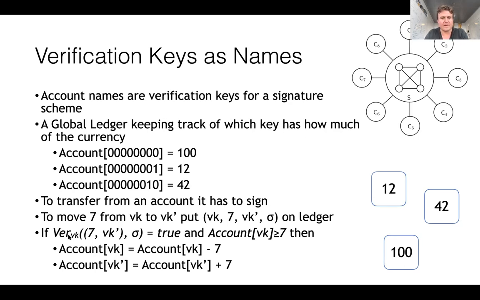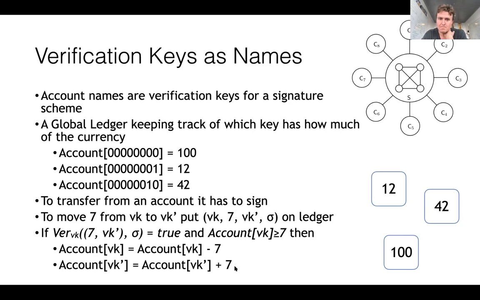So it should be true that if you verify under the verification key of the sender, and the message is 7 and then VK prime, which would mean I would like to transfer 7 to account VK prime, then the signature should be valid. And of course, the account that you're transferring from should contain at least 7. And if this is true, we decrement the sending account and we increment the receiving account.